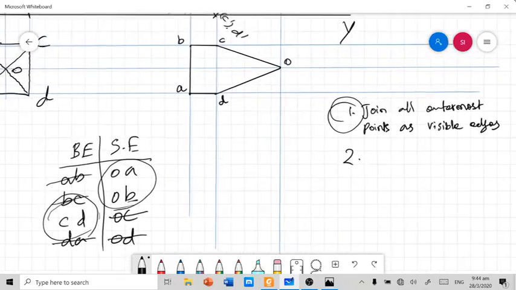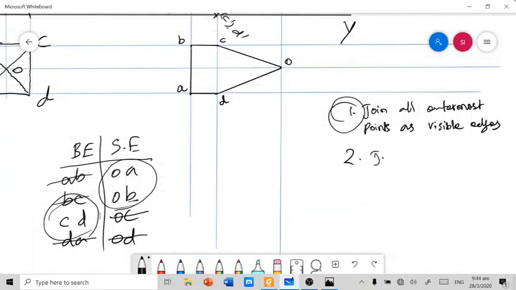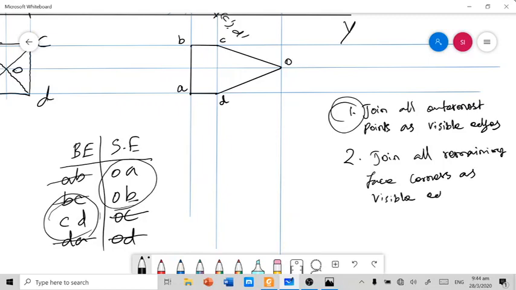The second rule is join all remaining face corners as visible edges. Actually this is a pyramid, there are no faces, so the second rule is not applicable in this problem.